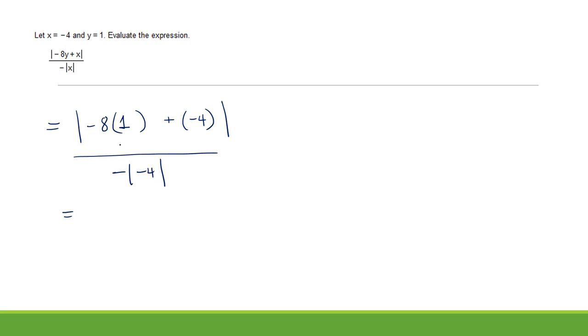We'll simplify the top first. I have negative 8 times 1. That simplifies to negative 8. And this plus negative 4 is equivalent to just negative 4.